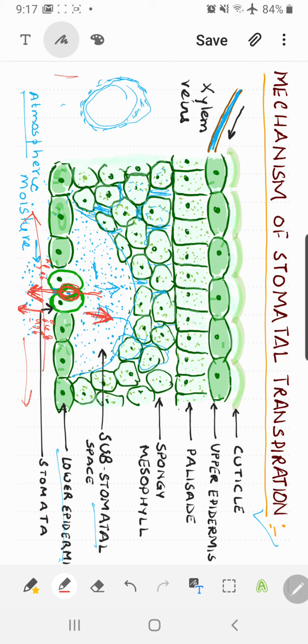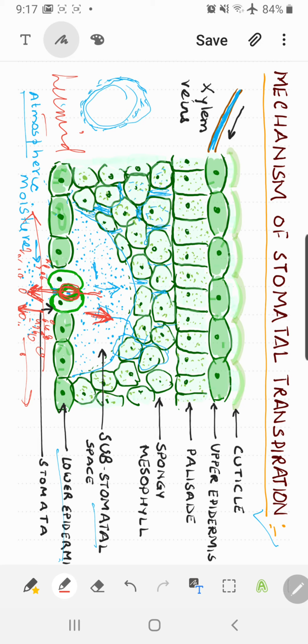But what if it is humid? If it is humid, that means the concentration of water vapor outside the leaf is comparatively higher. In that case, since diffusion is a passive movement, always from high to low, if humidity is high outside, transpiration would be negligible.